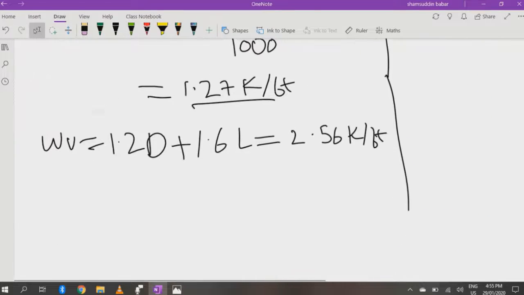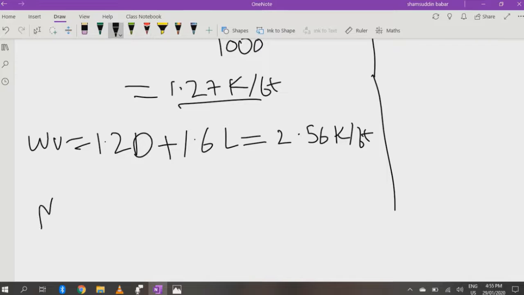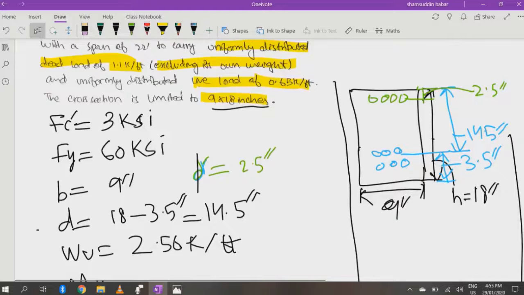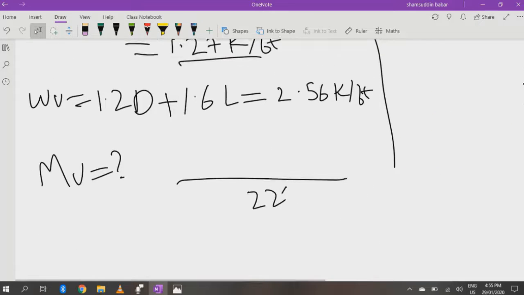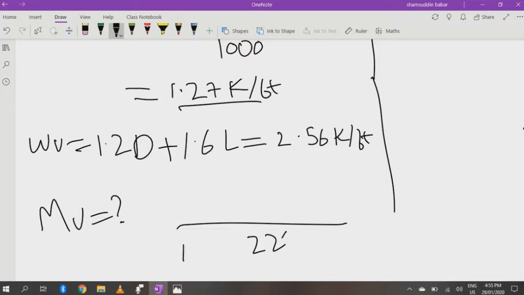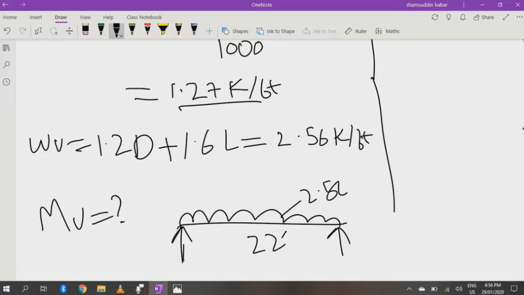To calculate Mu, we know the span length is 22 feet as given in this question: a simply supported reinforced concrete beam with a span of 22 feet. I can draw this figure like this: this is my span, and this is the UDL of 2.56.